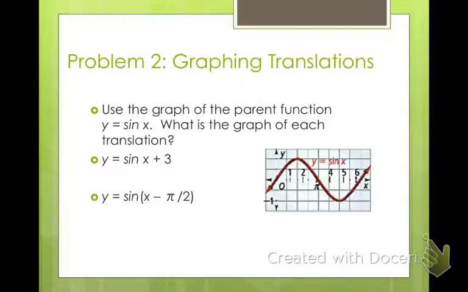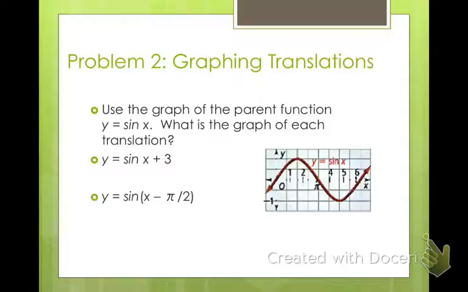What if we did this one, the sine of x minus pi over 2? So this one, we're going to do a horizontal shift. We're going to move pi over 2 units. And since it's minus pi over 2, we're going to move to the right pi over 2. So hopefully you remember where pi over 2 is.